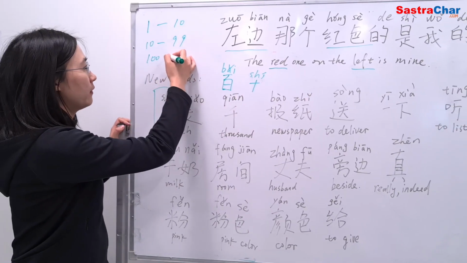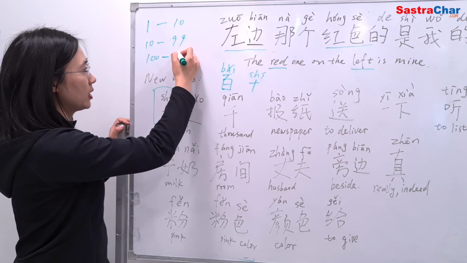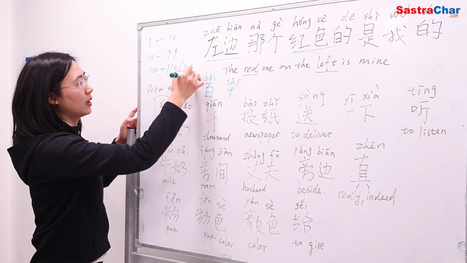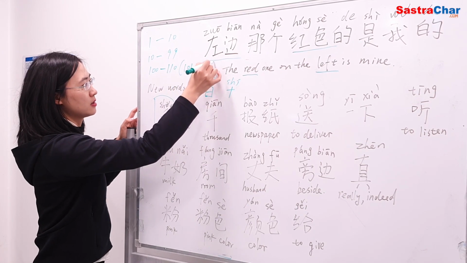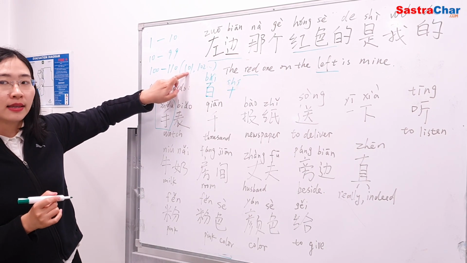And if we have 101, 102 and so on, we have this 0 as 零.